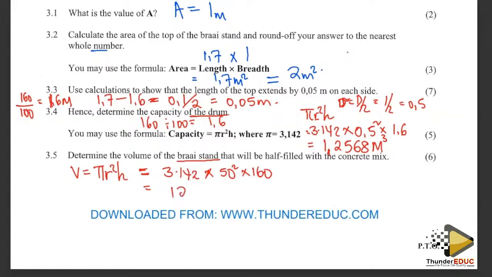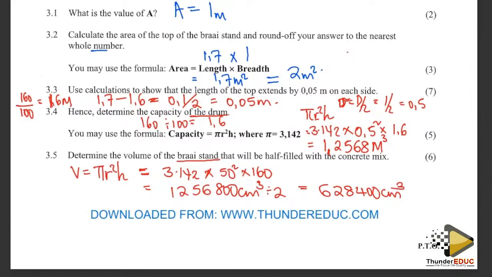So the volume we have is this many centimeters, what? Okay, but because it's a half, we need to divide by 2. Divide by 2 and it becomes this many centimeters cubed.